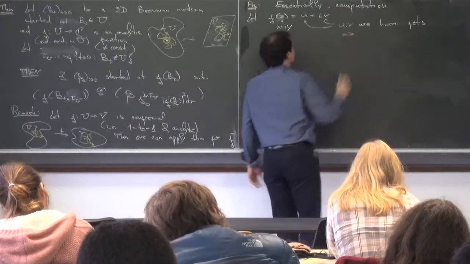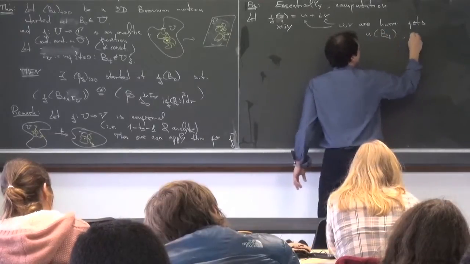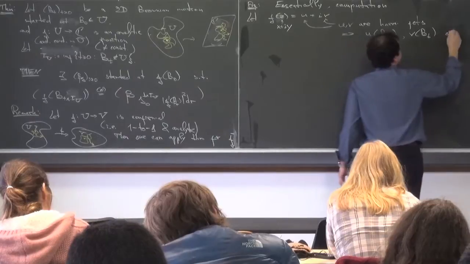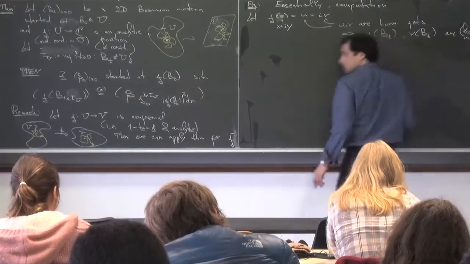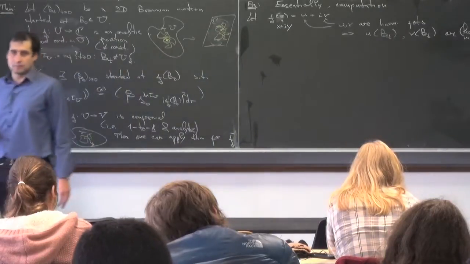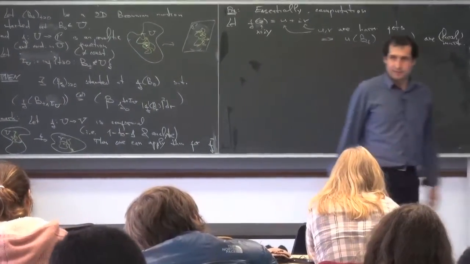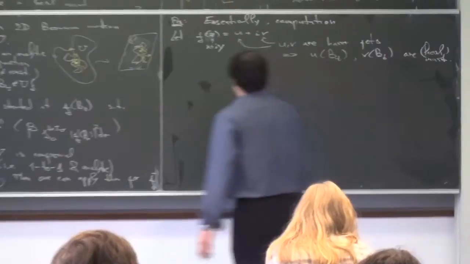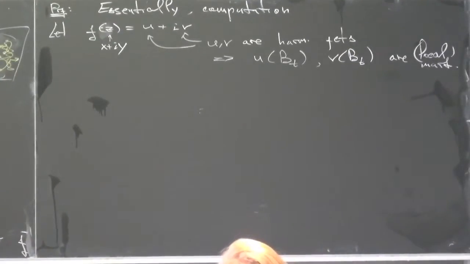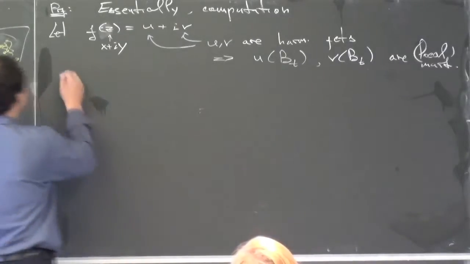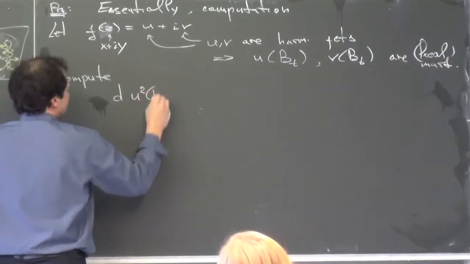So because of that, I know that u(B_t) and v(B_t) are local martingales. We saw this example. I mean, this is true in any dimension. Let us now compute what is d of u squared.